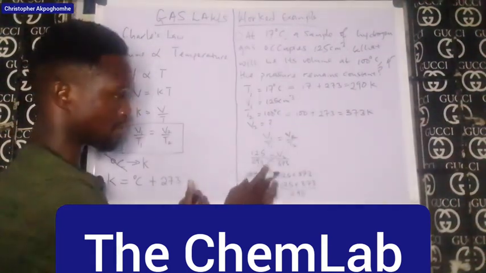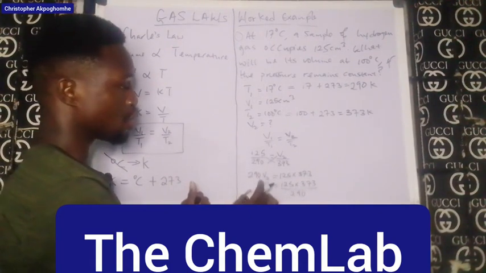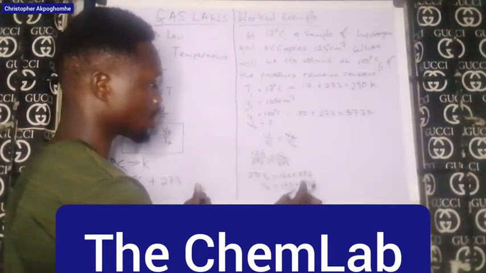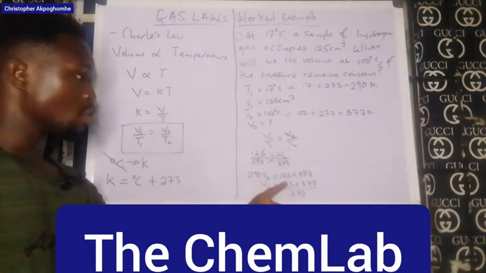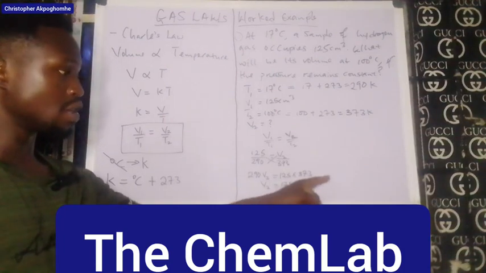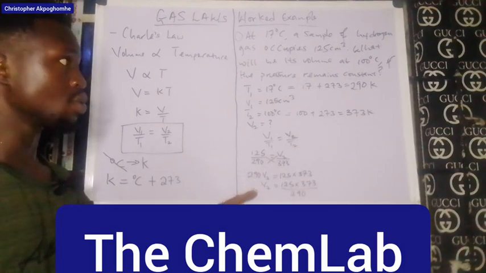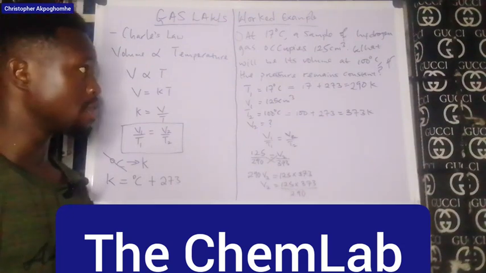Here 290 cancels 290, leaving V2. So V2 is equal to 125 times 373 over 290. At this point, you multiply these two, and whatever answer you get, you divide it by 290. That will give you the answer for V2. So we have gotten our answer for V2. I believe that is clear.